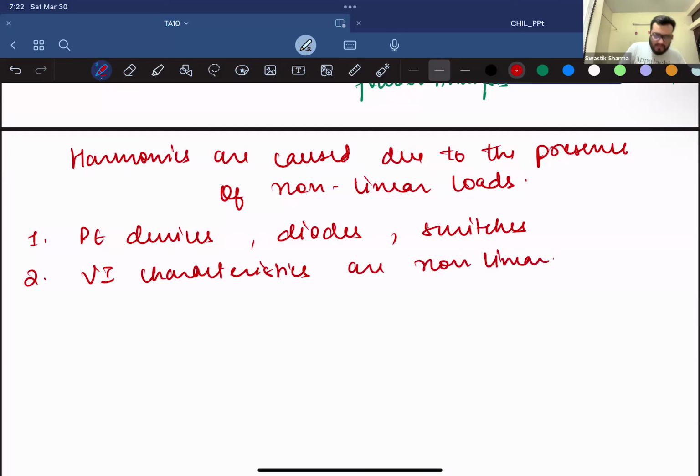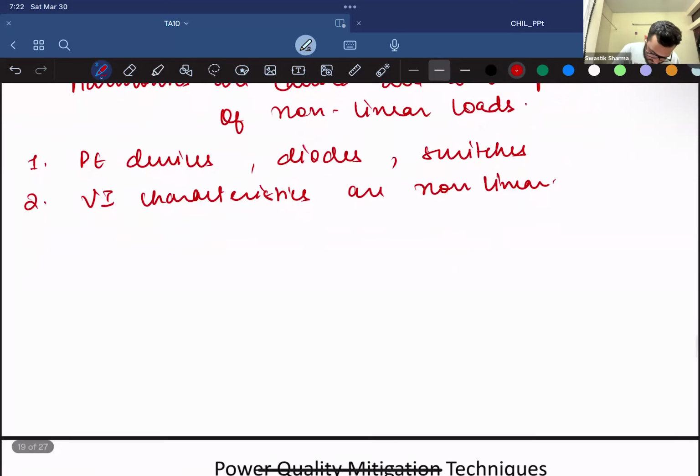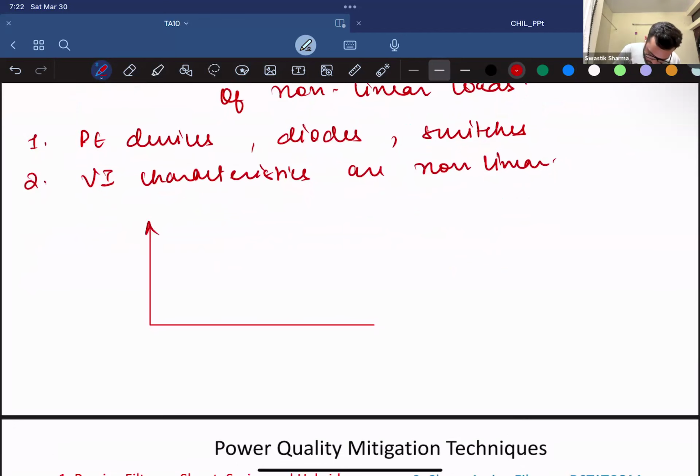When you have just a resistor, your current is directly proportional to your voltage. Your current varies linearly with your voltage.